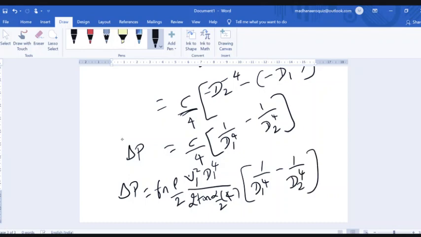Now what you are going to do is multiply this value of d1 power 4 into the two terms.